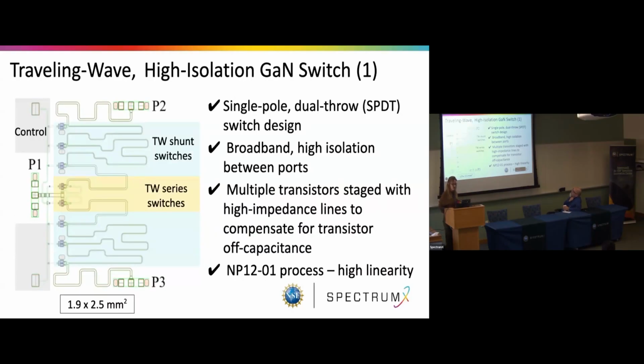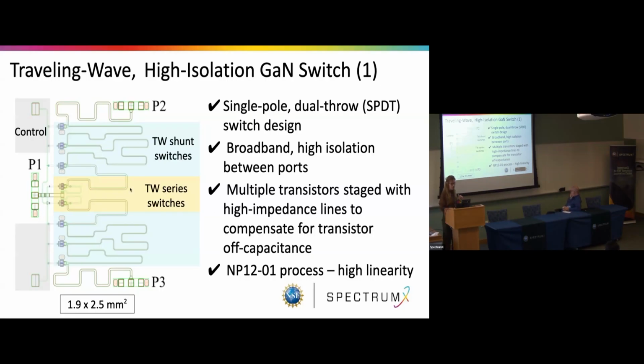And also we've designed and taped out a traveling wave high isolation GaN switch. So what is the purpose of using GaN? When you have a lot of interference, you may have some saturation in your receiving path. So mainly when you are dealing with transmission and reception, you want to have high isolation between both paths.